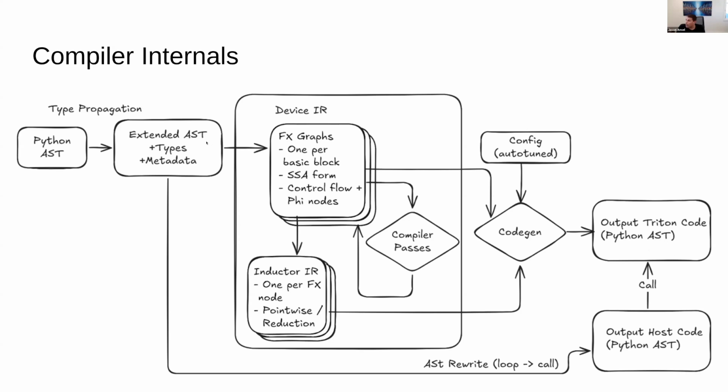For the wrapper code, the host code, which is just standard PyTorch, we do AST rewriting to generate that wrapper code, or we basically replace the hl.tile loop with a call to the generated Triton program.